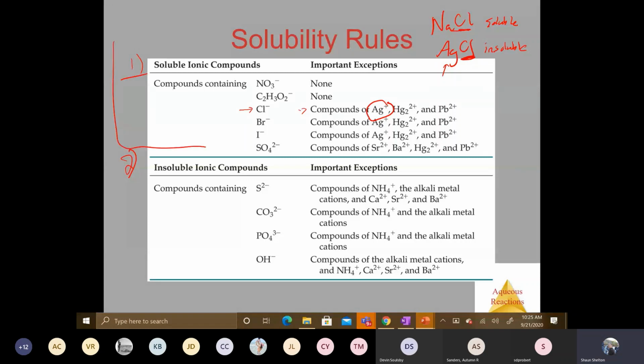All right, so be careful. When you're looking at this box, we're only focused on this box right now. If I had, let's say, lead iodide, what ion are you going to look at? Are you going to look at the lead, or the iodine to begin with?